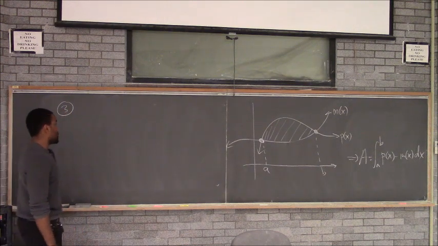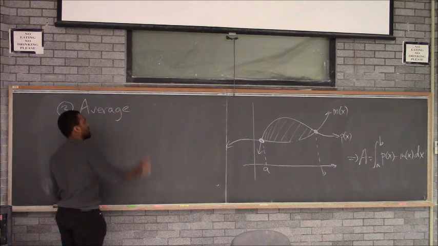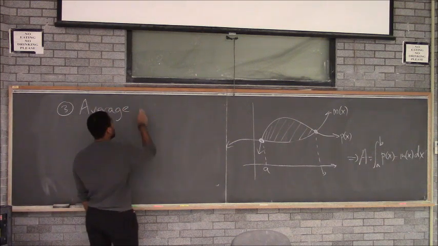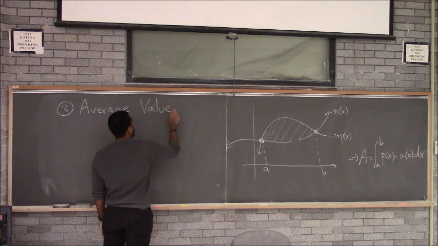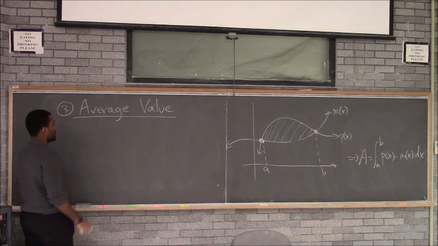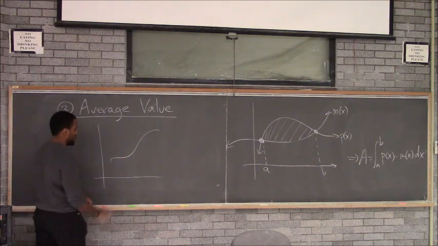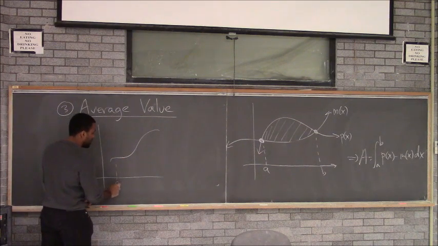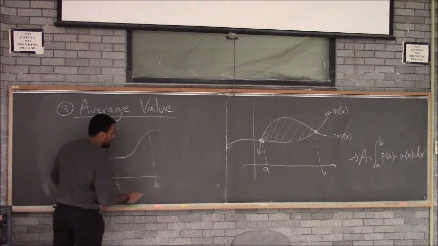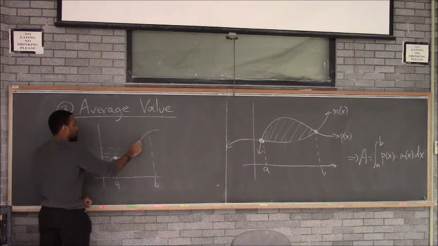Another important application is something called the average value. You also saw this in a couple of the bonuses on the review. So this is like when you have a function doing its thing again, and you're on some interval a, b, and notice that you can find coordinates, points along this function.